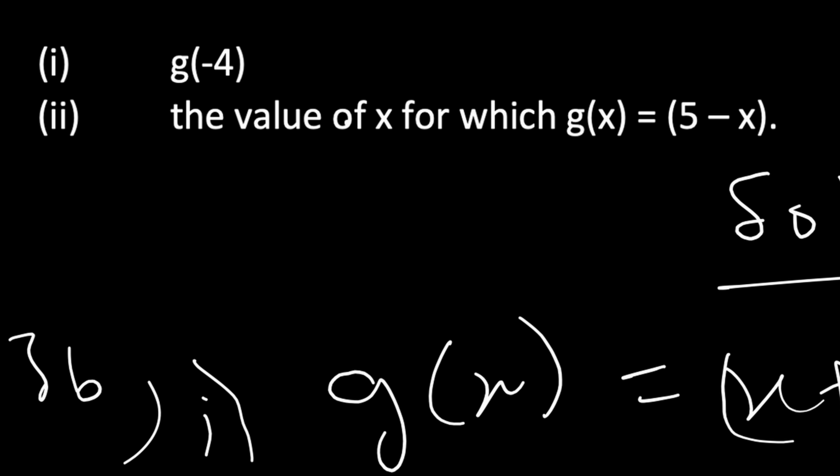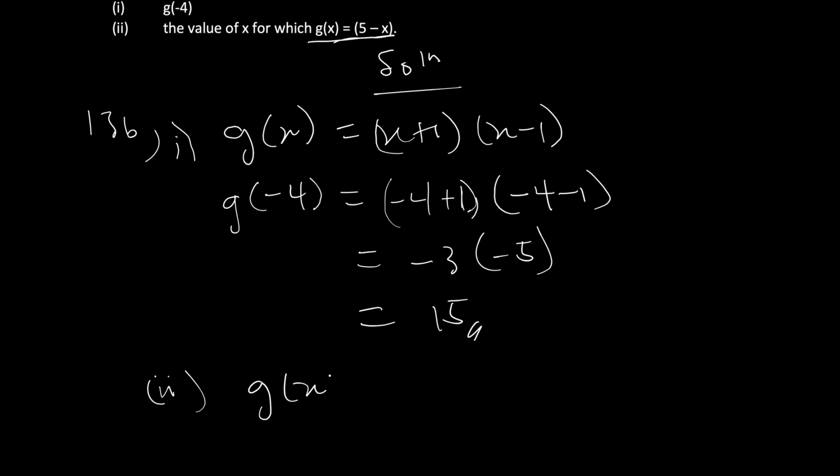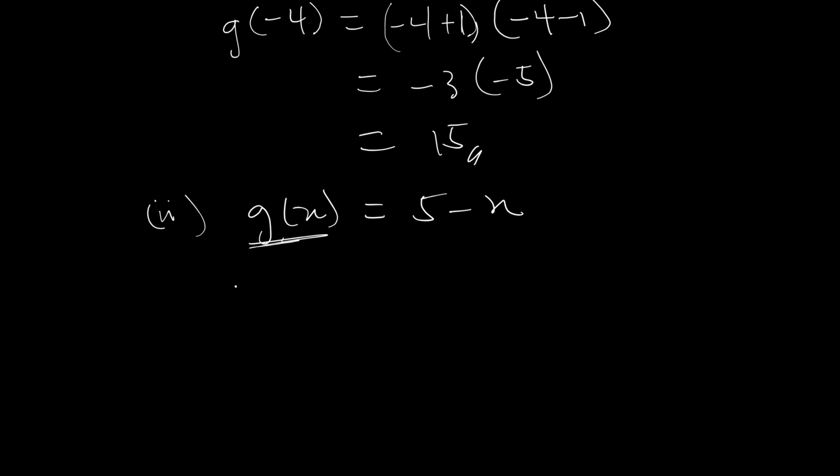It says find the value of x for which g of x is equal to 5 minus x. So g of x is equal to 5 minus x. But we know that our g of x is equal to x plus 1, x minus 1. So we can say that x plus 1, x minus 1 is equal to 5 minus x.